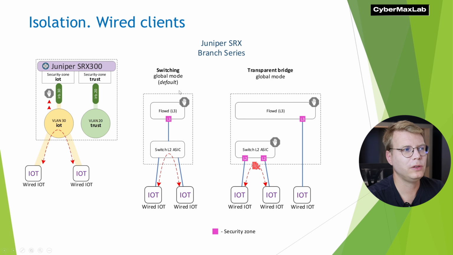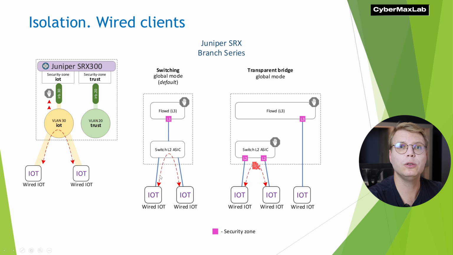Internally, the Juniper SRX branch series architecture looks like this. We have a layer 2 switch ASIC, and then we have a FlowD process above it, right, where we do all the firewall route lookup and all the stateful firewall features. Again, in the default mode, wired devices can communicate to each other.